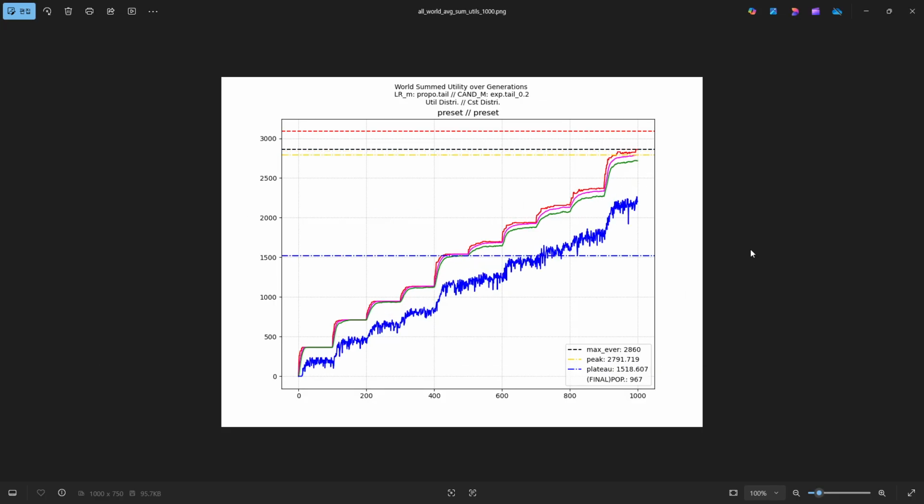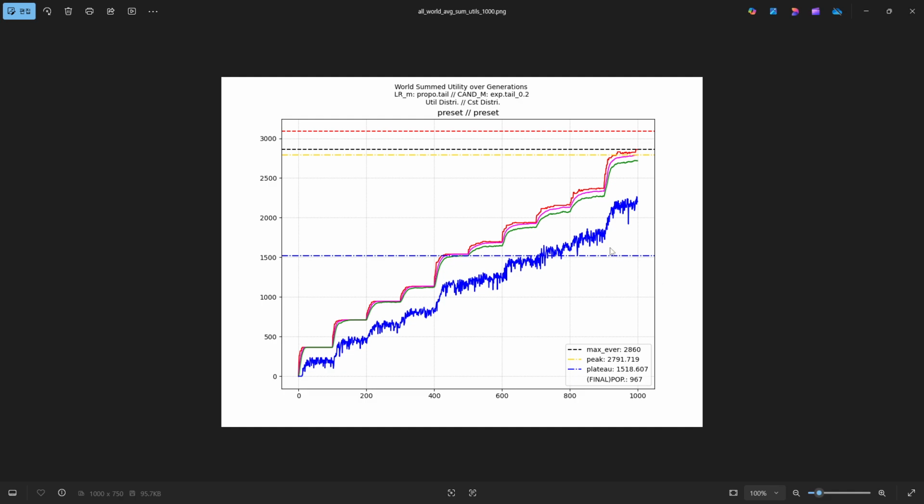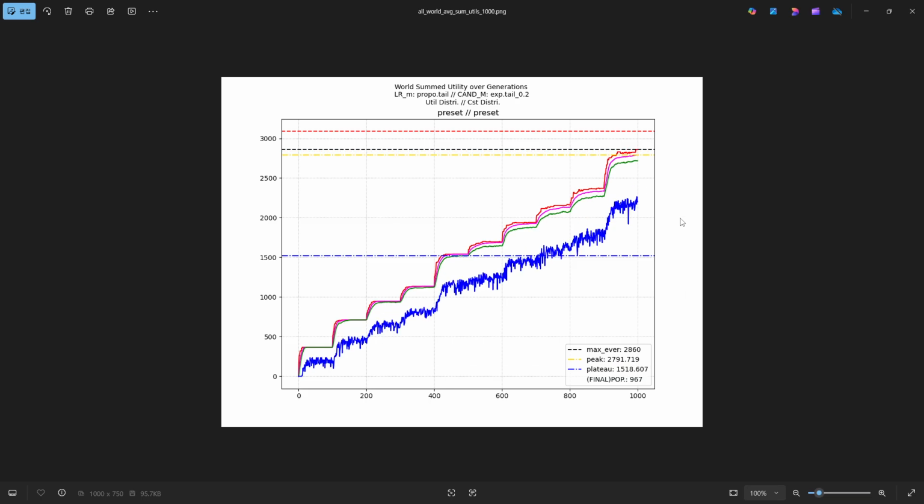If you look closely, you'll see that the overall levels of all these plots are higher when I use a population size that increases with era progression.